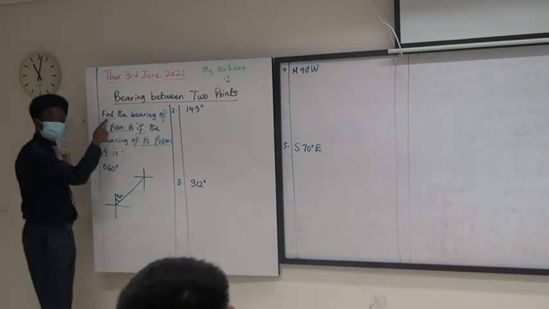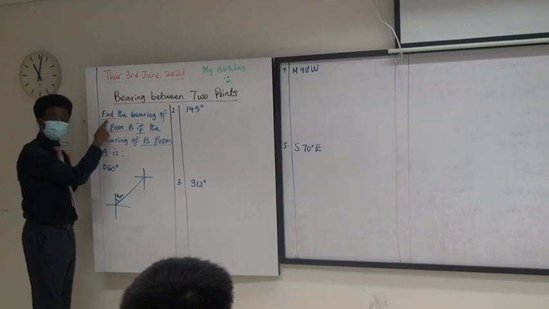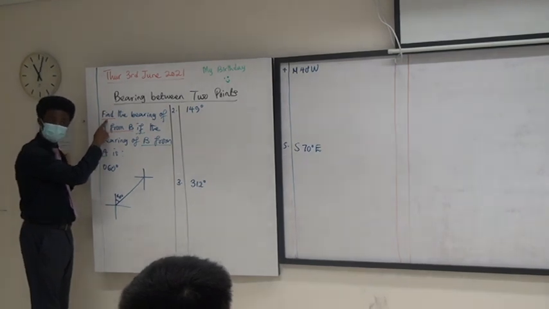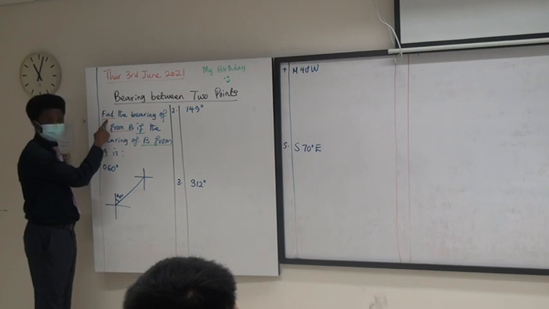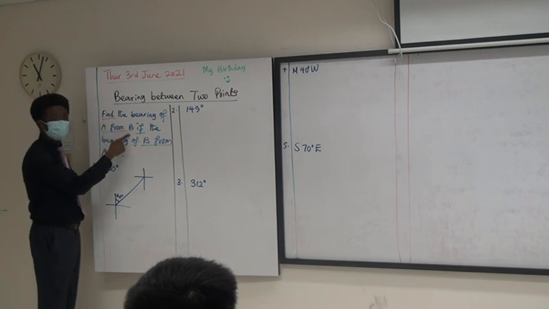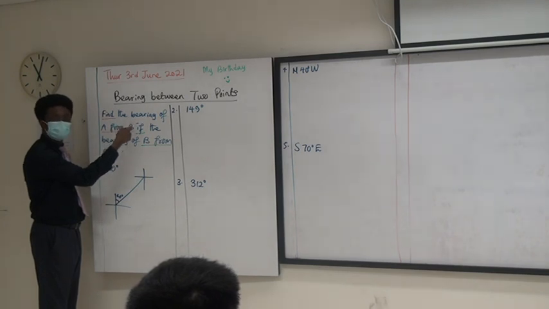What does this "find" mean? Is it what you are looking for or what you have been given? What you are looking for. Find is what you are looking for. You are trying to find A from B. You are finding from B. Would you be given what you are trying to find?